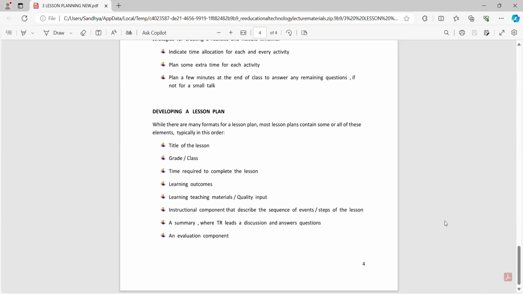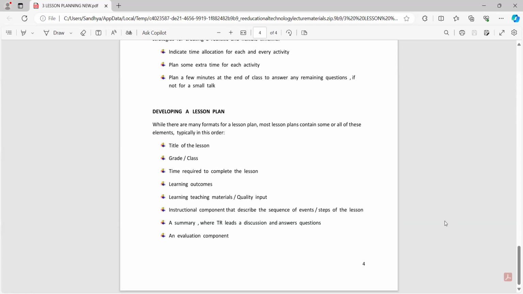It's not always a test. It may be an activity that you give in an informal way. Maybe get them to come in front of the class and talk. Maybe get them to do an act out or something very informal or whatever. So you have to incorporate these into your lesson plan. Title of the lesson, grade or the class, time required, it's 40 minutes or 80 minutes, learning outcomes or specific objectives.